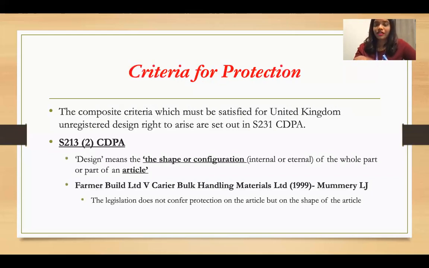So remember all these bold and underlined keywords. These are very important in deciding unregistered design. If the design that you are trying to rely on does not fit within the definition of section 213(2) of the CDPA, then you cannot claim for unregistered design rights.